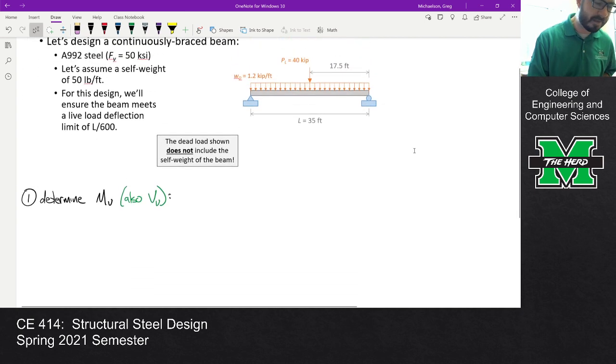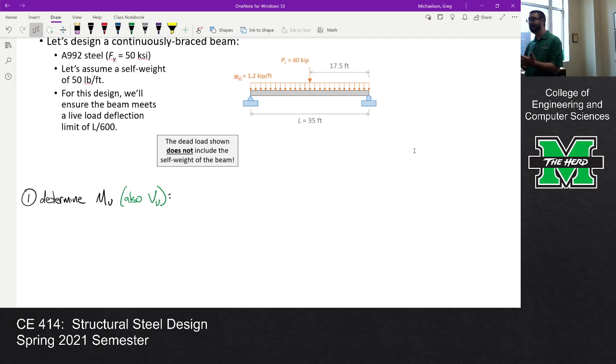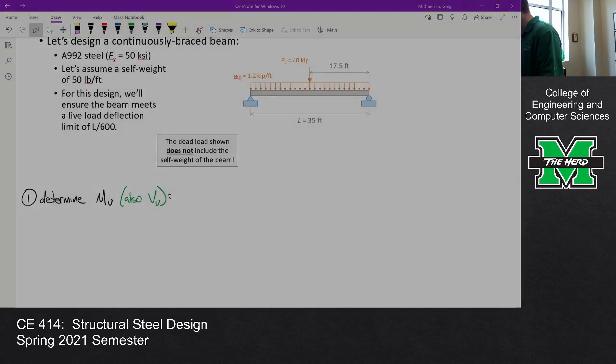Now I have a simply supported beam, and it is subjected to a uniformly distributed dead load, but the live load is a point load. So we're going to have to handle those separately. Let's see, I had pulled my manual out here to have this at the ready.